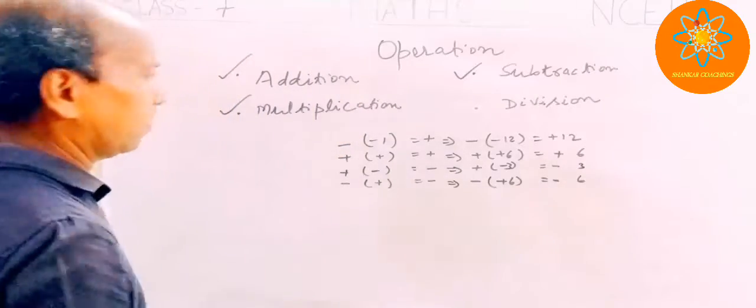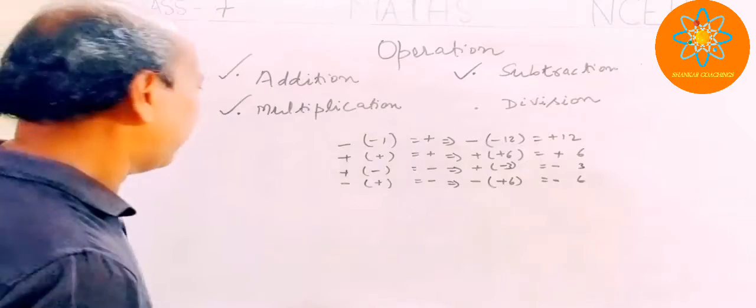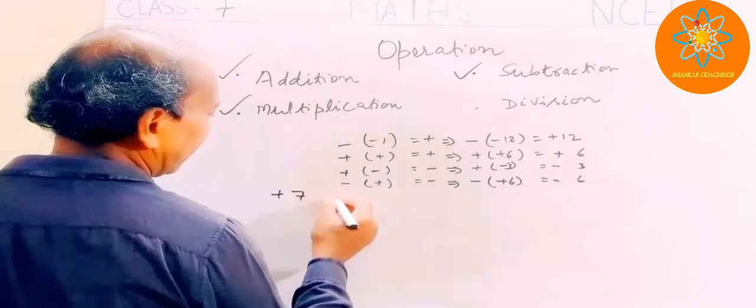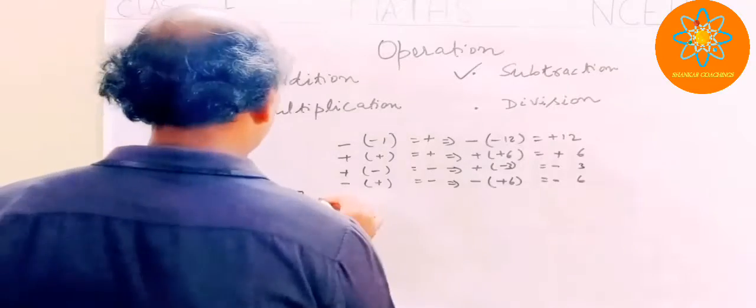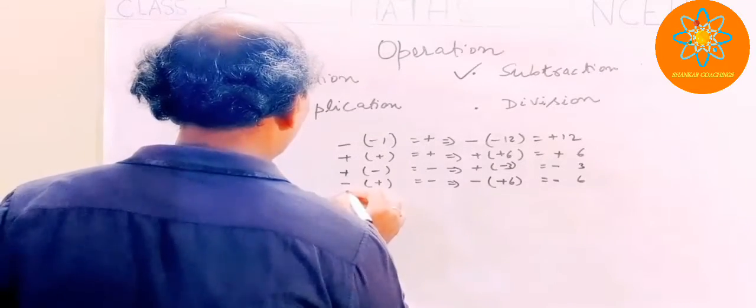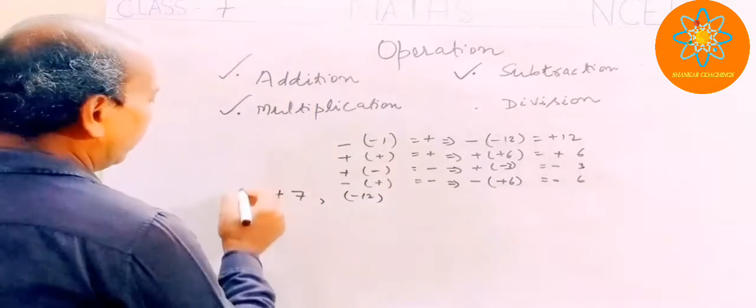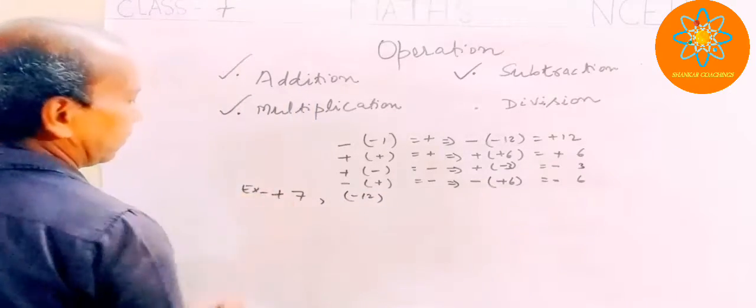Let's suppose I want to subtract plus 7 and minus 12. I want to subtract this one.